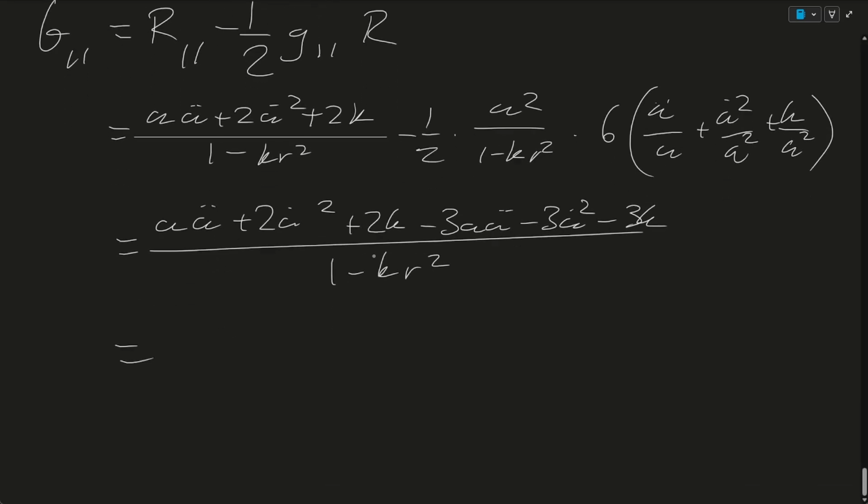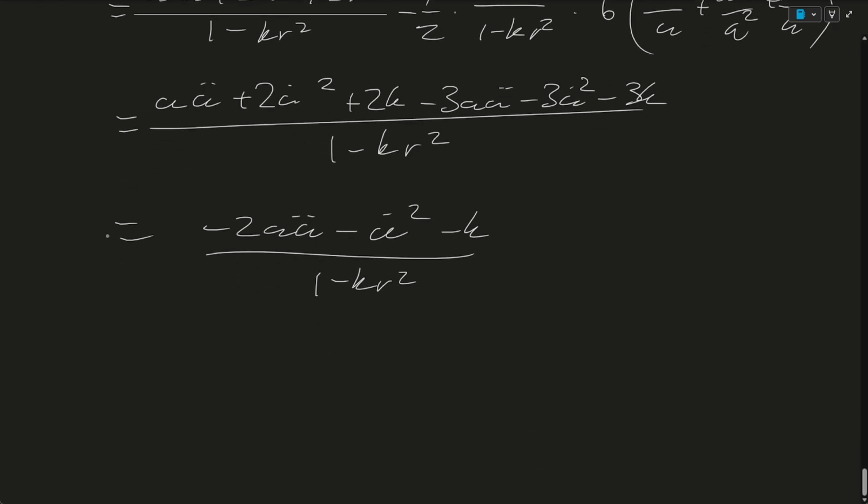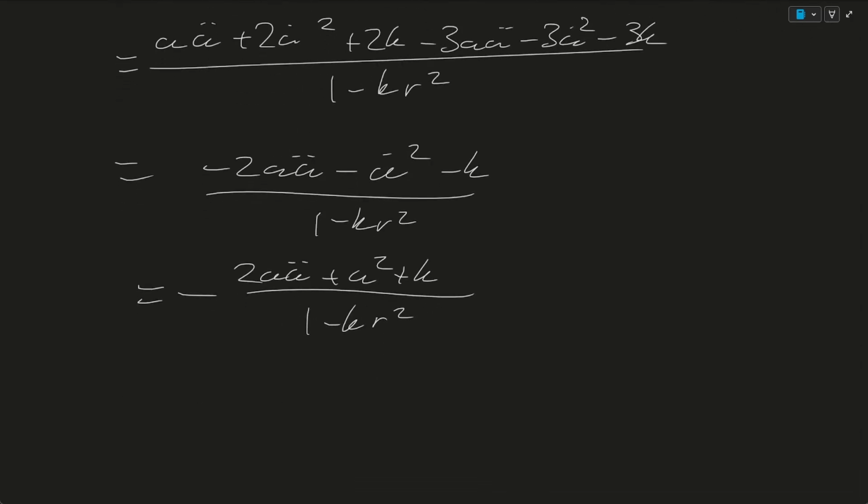That should cancel. Minus 2 a double dot minus a dot squared minus k over 1 minus kr squared, which is R g11. I can actually just pull the minus in front, which I forgot to do, which is kind of the important thing. So minus 2 a double dot plus a dot squared plus k over 1 minus kr squared. Nice.